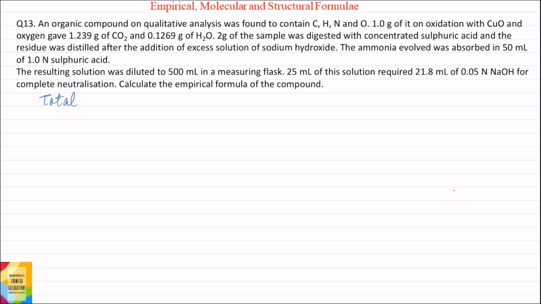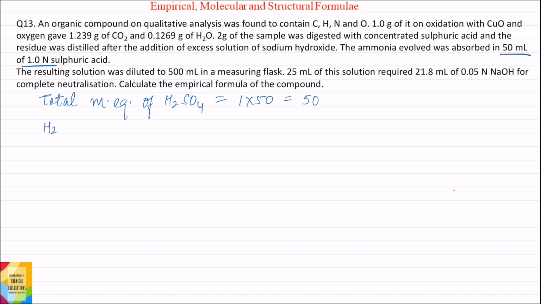Total milliequivalents of H2SO4 will be equal to normality into volume, that is 1 into 50, which is equal to 50 milliequivalents.